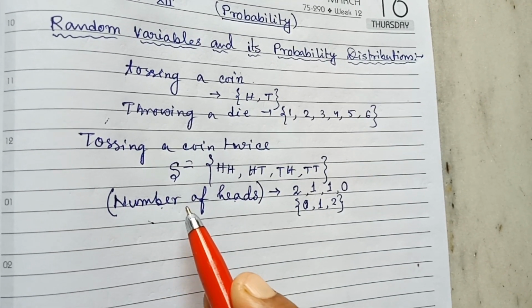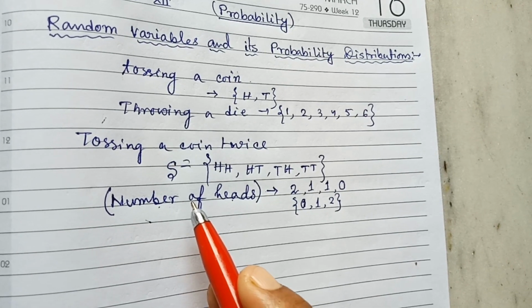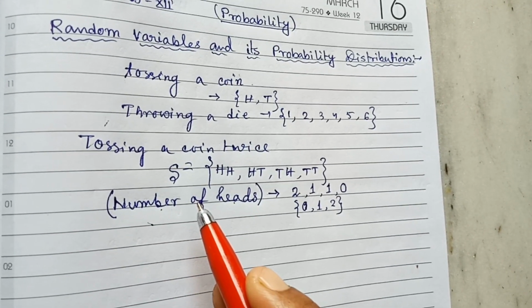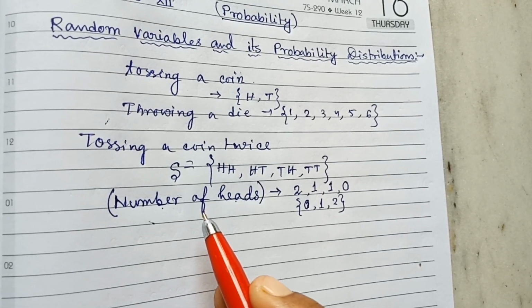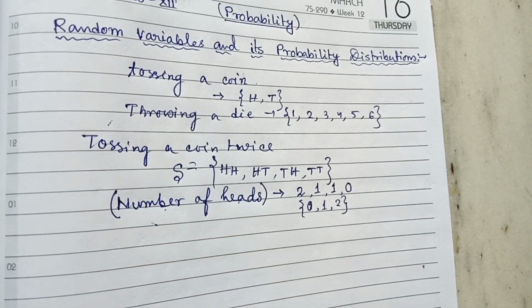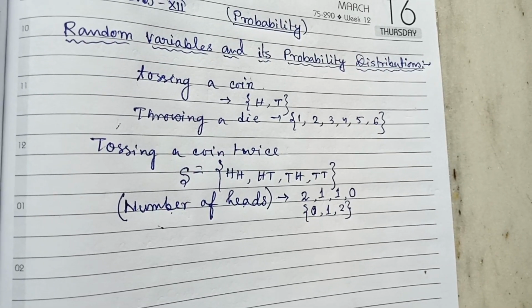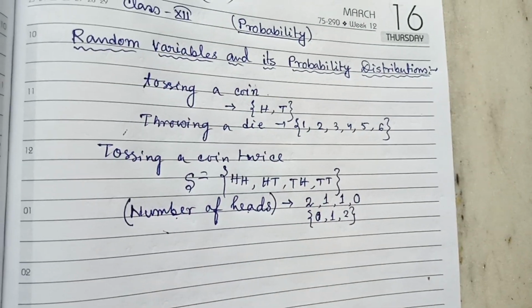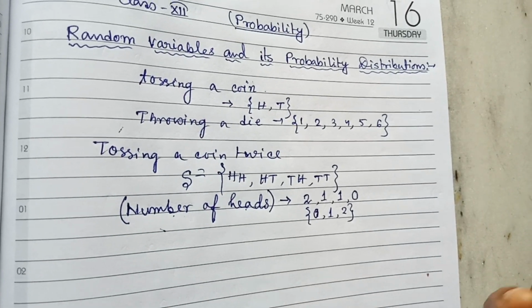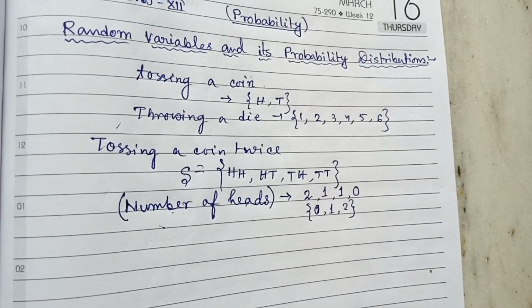This type of variable is called a random variable. Okay, so let us give you some more examples, then this particular topic will be a little bit clearer to you.